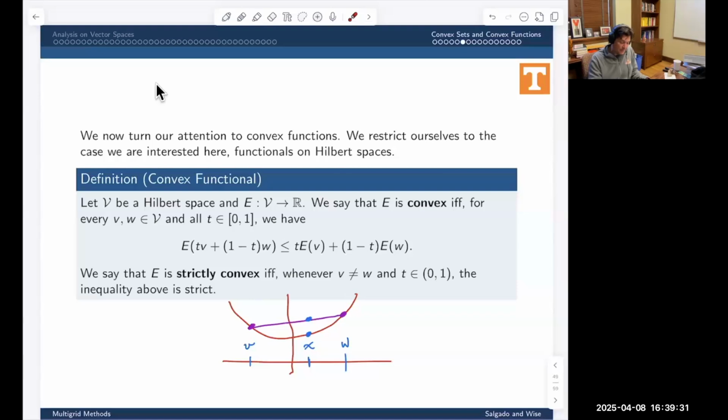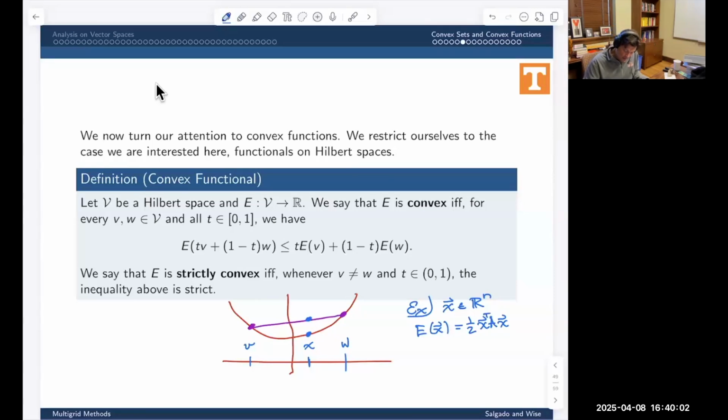So what's a good example of that? Here's an example. Let's take x to be in R^n, and E of x is equal to 1/2 x transpose A x.